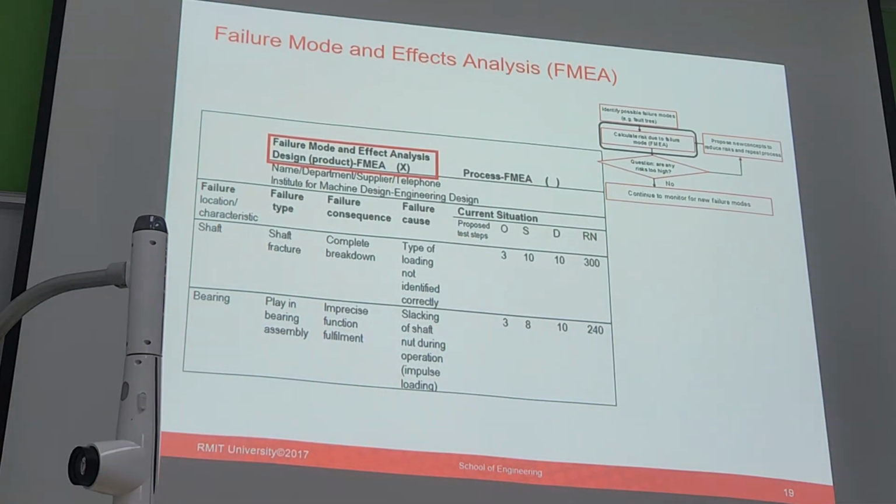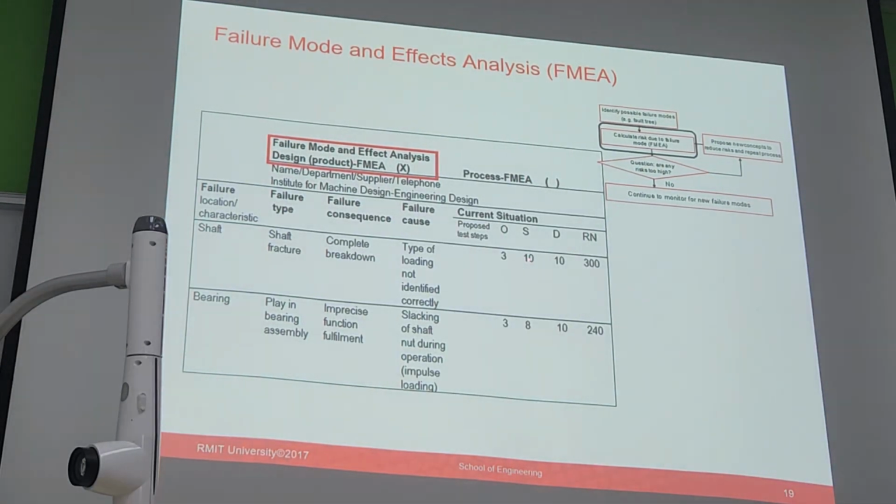Who gives us 3? You, as an engineer. How about the S, severity? You, as an engineer, not as a worker. And D, it means non-detection, it means 10. 3 multiplied by 10 multiplied by 10, it means 300.